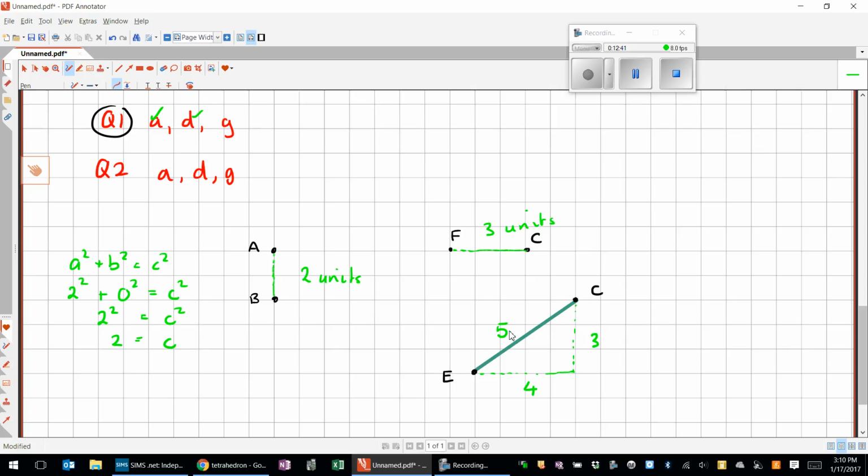Again, if we did it, 3 squared plus 4 squared is c squared. You'll end up with 9 plus 16, which makes 25. So it makes 5. But if you remember Pythagorean triples, we've got 3, 4, 5. You can do it without having to work anything out. Other triples, 6, 8, 10, multiples of those. See, I was right. Okay.